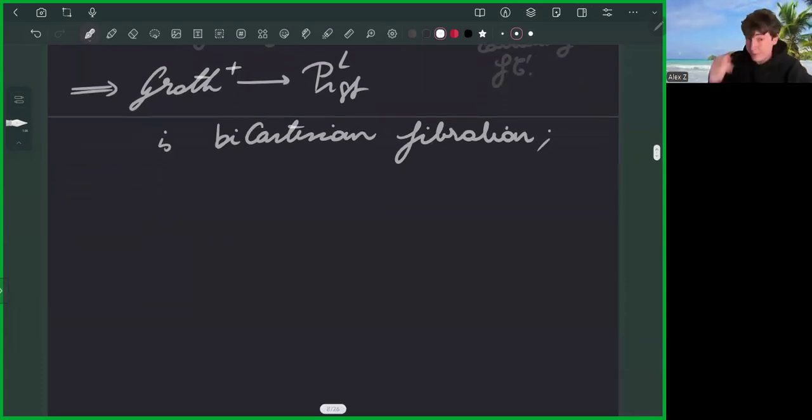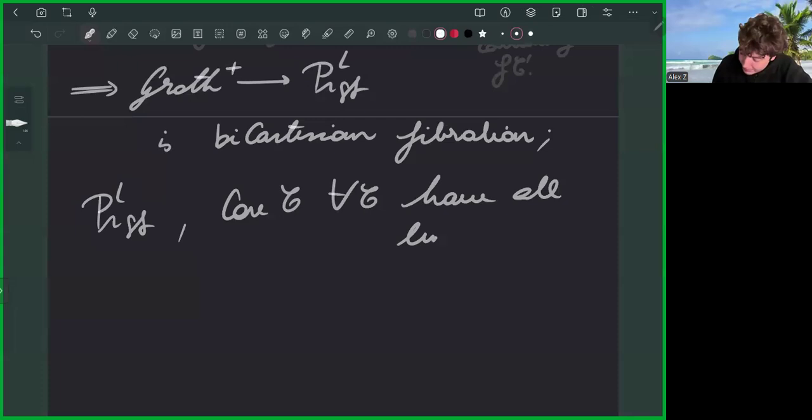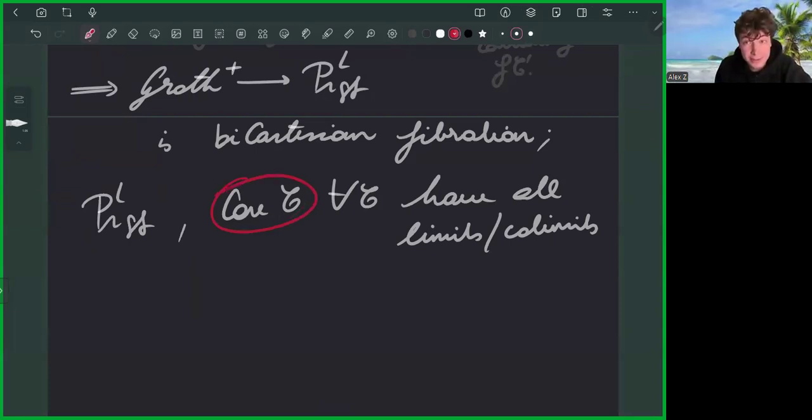And moreover, what you will have is that note that PRLST and core C for every C, they have all limits and co-limits. So for PRLST, this is a well-known result. For this core C, the statement is basically that this is a complete lattice. So you always have infima and suprema.